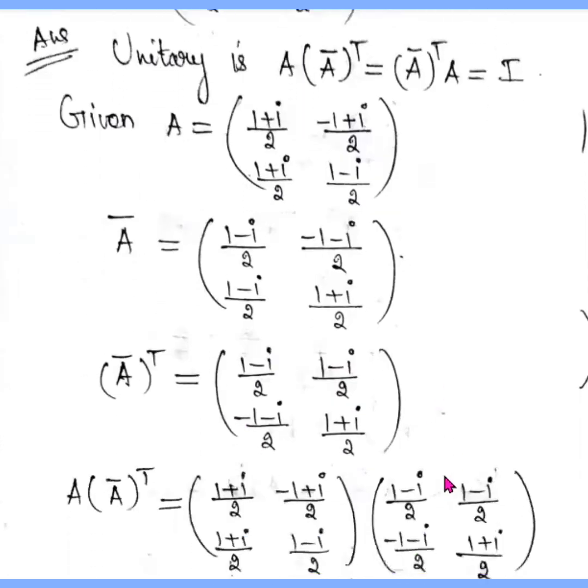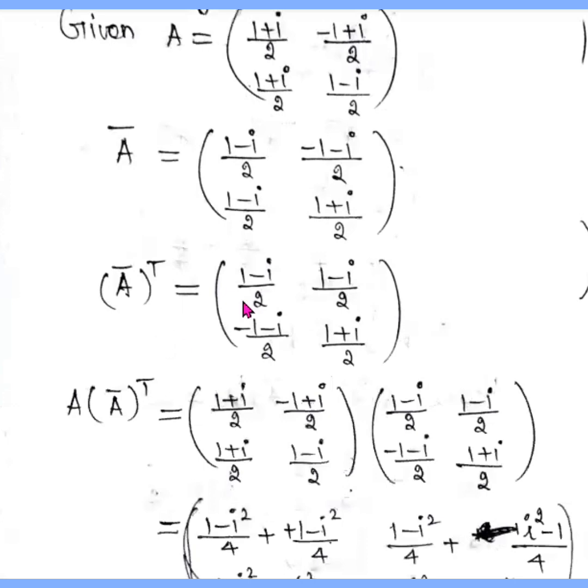So A bar transpose is first row (1 minus i)/2, (1 minus i)/2, second row minus (1 minus i)/2, (1 plus i)/2. So A bar transpose is done.